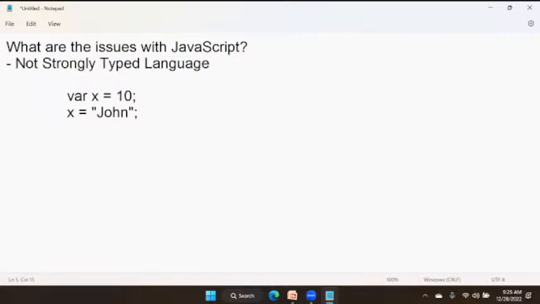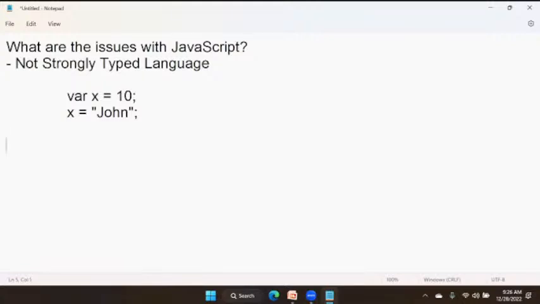That is the meaning of strongly typed. Majority of languages, Java, .NET, C, C++, are strongly typed. Once you define a data type, they will not allow another type. But JavaScript is not like that. It will allow. That is one problem with JavaScript.